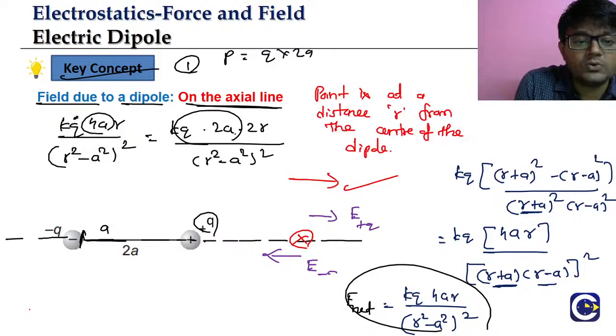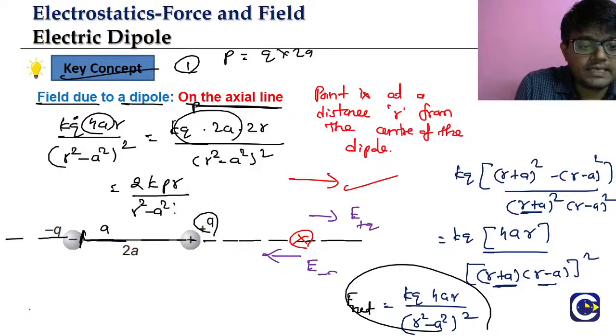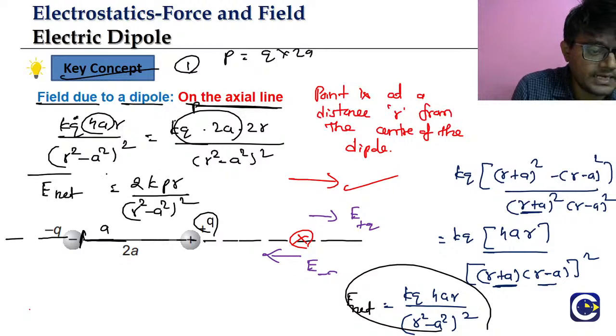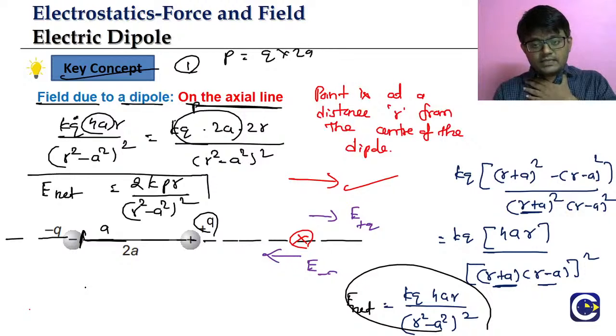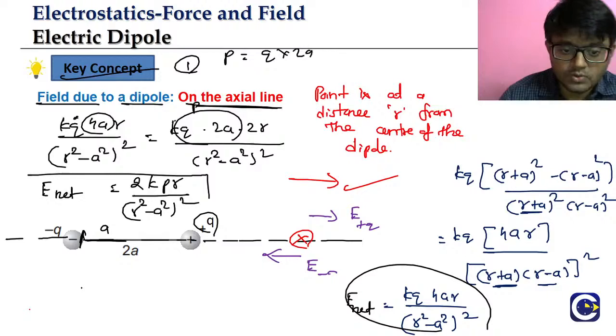Here, q into 2a is what? p, right? So p comes, k is there, p is there, 2r. So 2kpr by r square minus a square the whole square. This is the net electric field: 2kpr by r square minus a square the whole square.